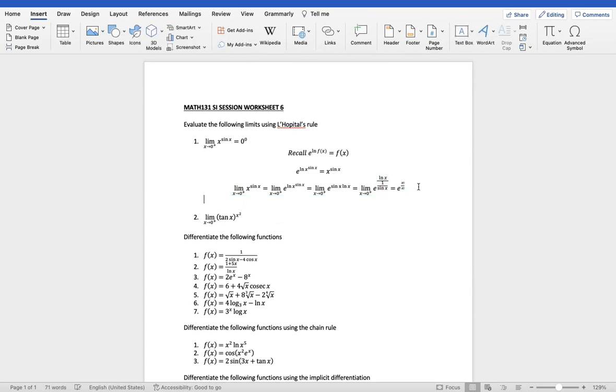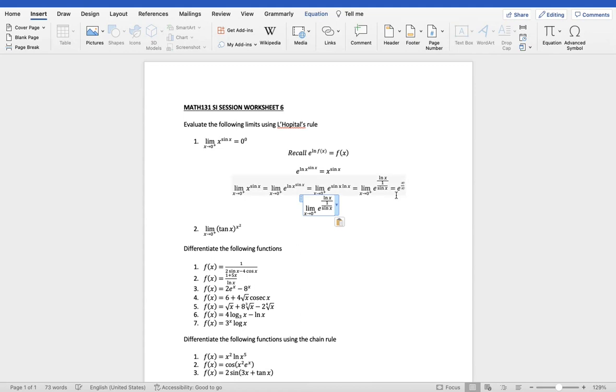So let's rewrite that. Again, you also remember the identity that when you have the limit on the outside of an exponent of a function, you can just bring the limit inside the exponent, right?